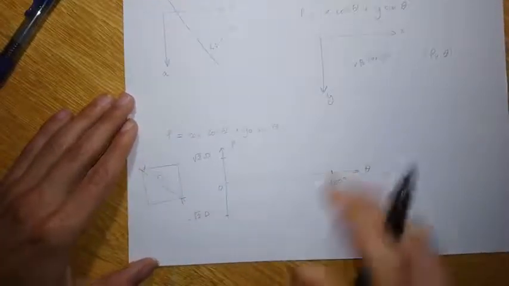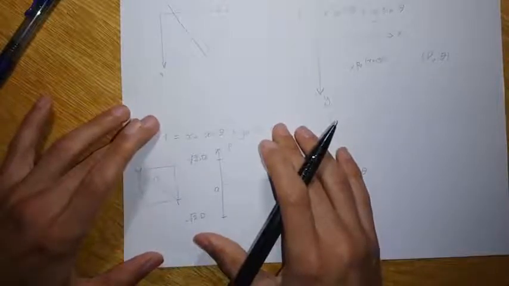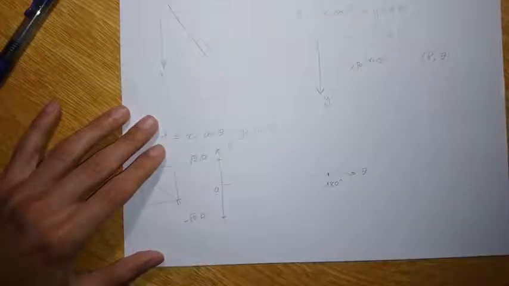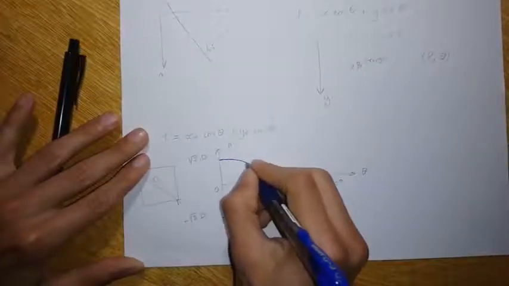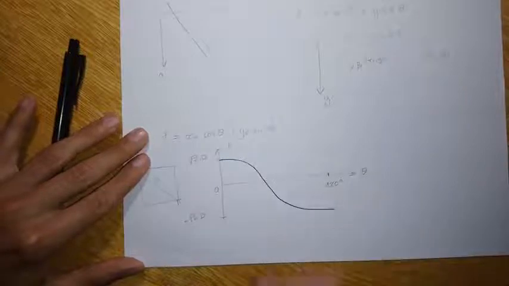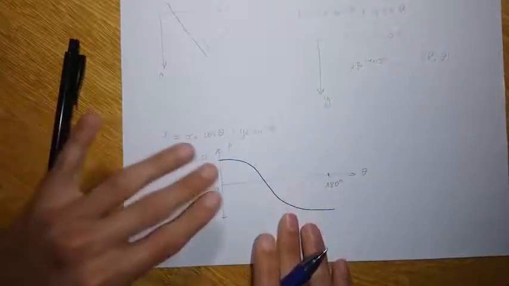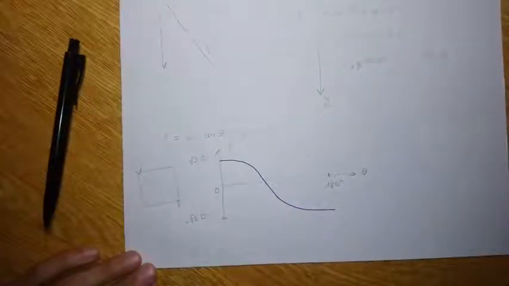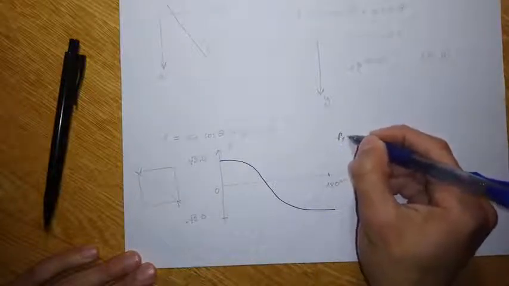Okay, and it turns out that this equation leads, instead of a line, to something that is sinusoidal, something like that. So this is what we get, and this represents all the possible parameters rho and theta.